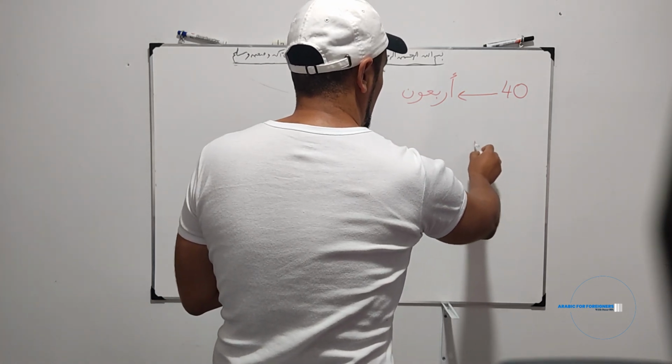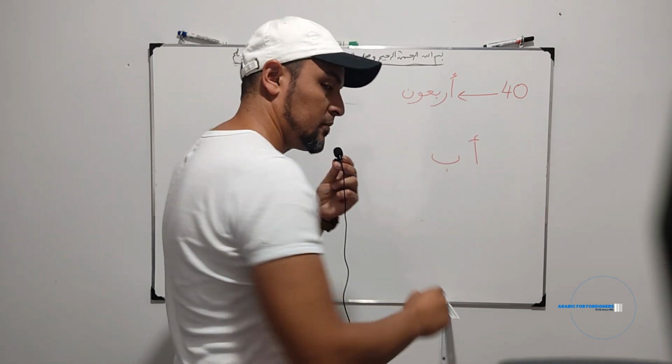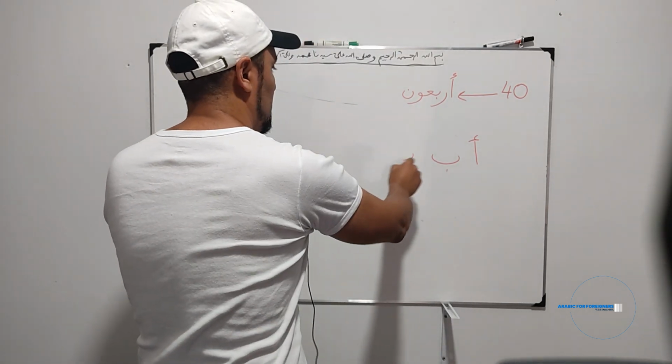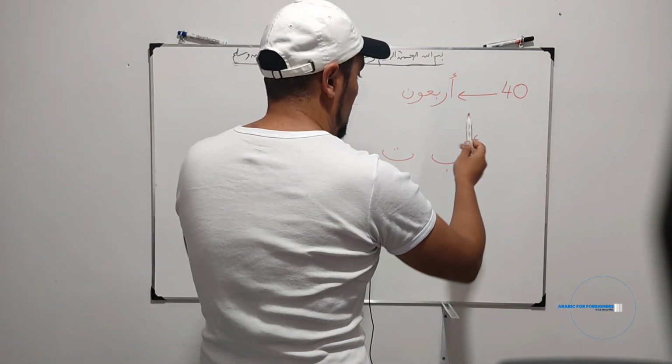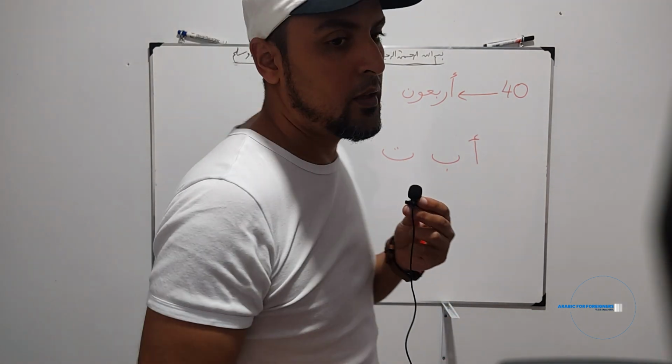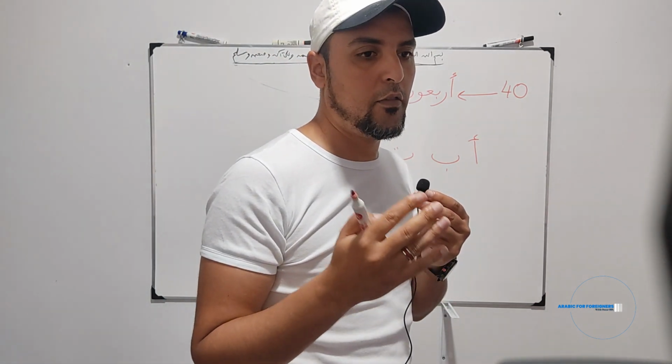So you will remember. By the way, I need to teach you the harakat first. When you see any letter of the Arabic letters, no matter what this letter is, there are always four harakat actually.